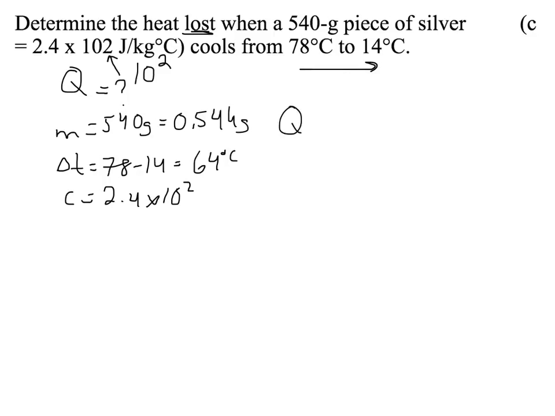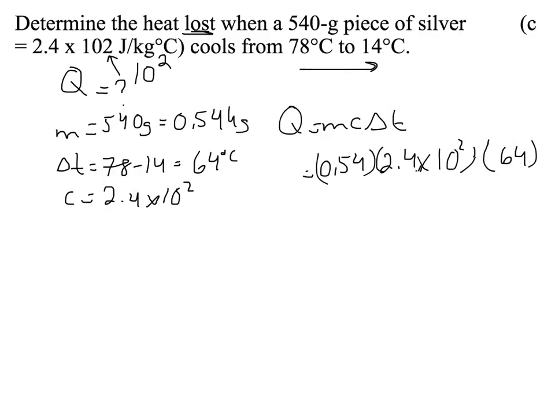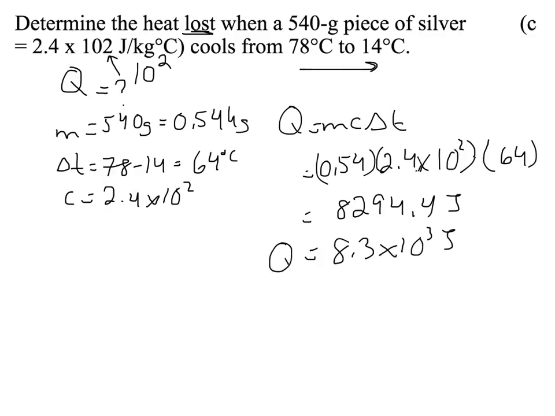We put into our equation, Q equals mc delta T, 0.54 times 2.4 times 10 to the 2 times 64. And as an answer we get 8294.4, which equals 8.3 times 10 to the 3 joules. That's the amount of heat that is lost.